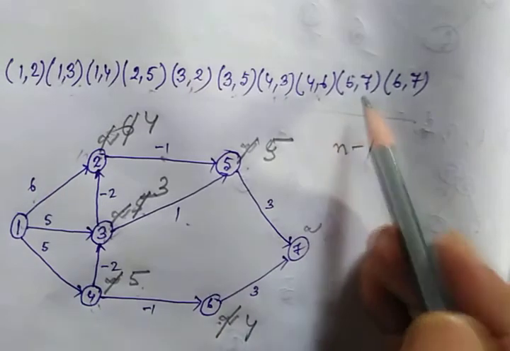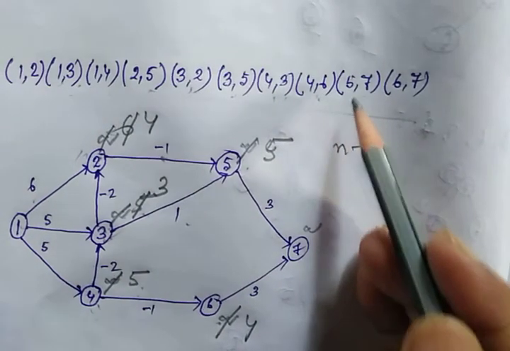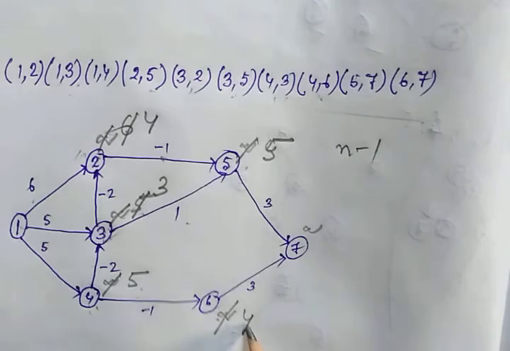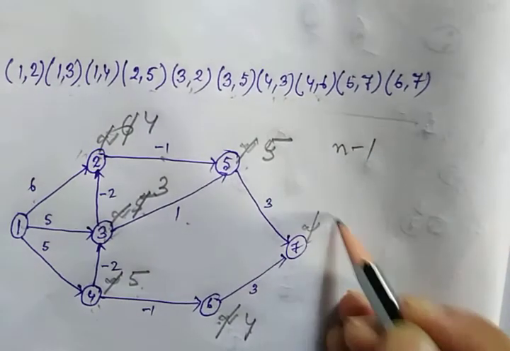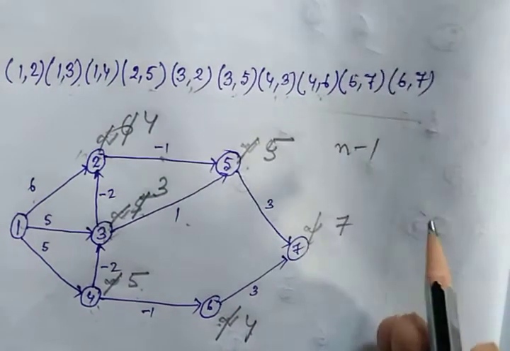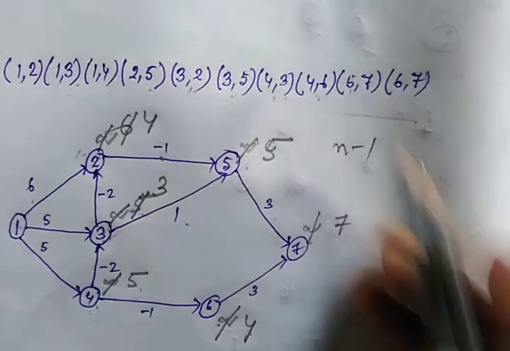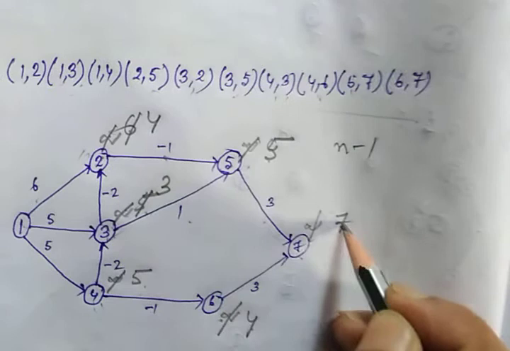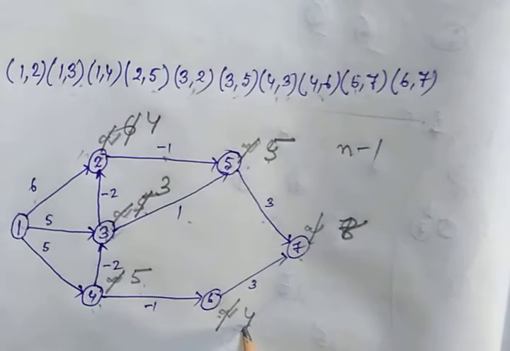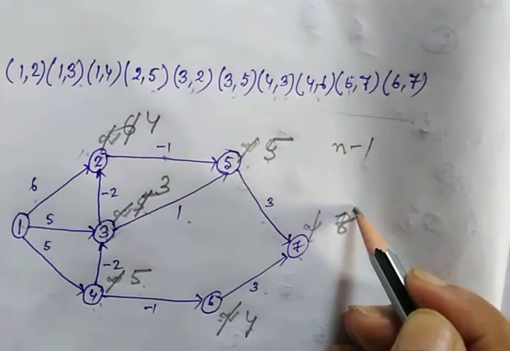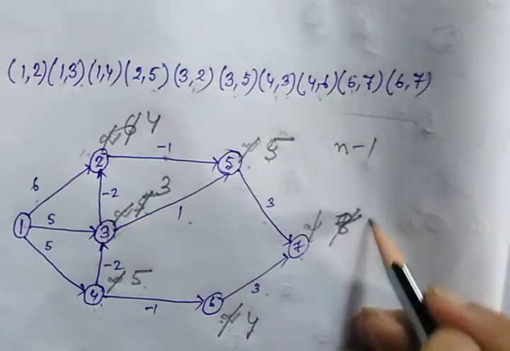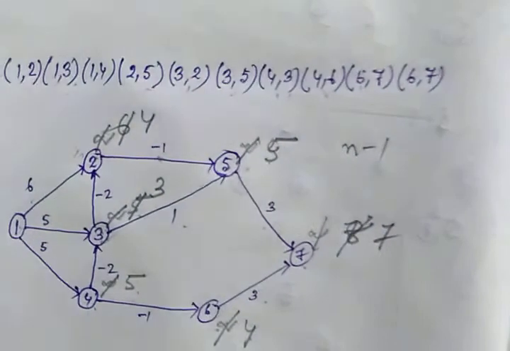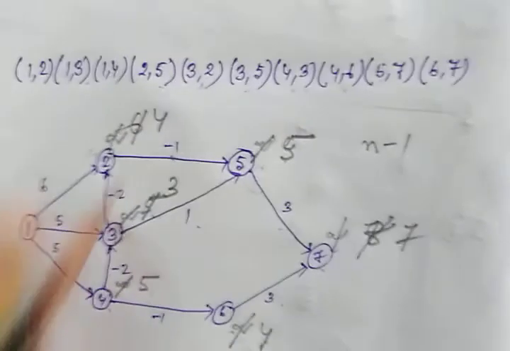Then 6 to 7: 4 plus 3, that is 7. Next it is 5 to 7: 5 plus 3, that is 8, and here it is 4 plus 3, that is 7. So 7 is lesser, so it is 7. That is the first step.